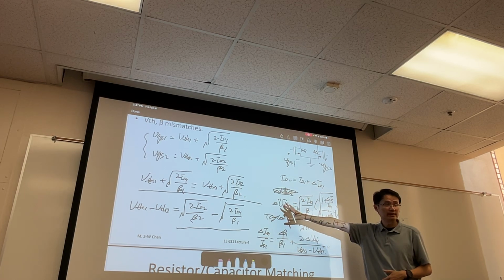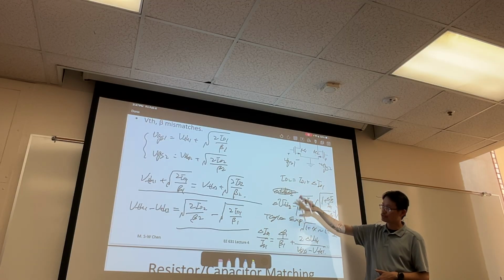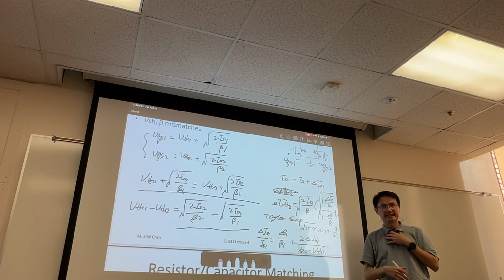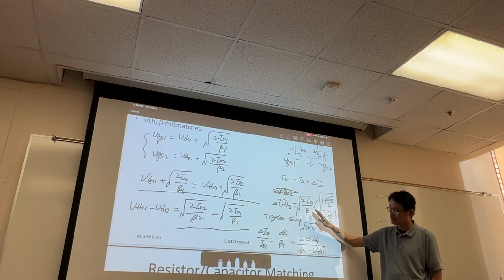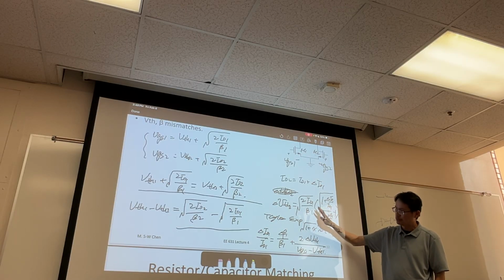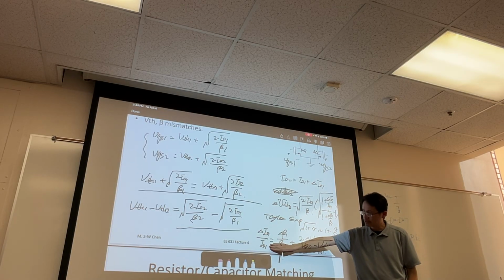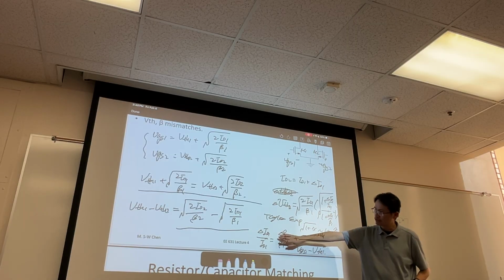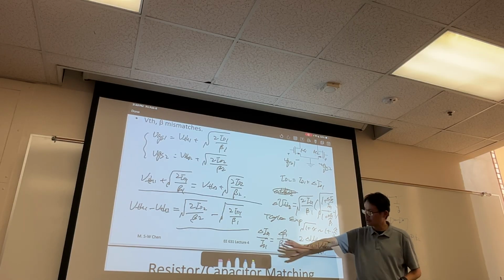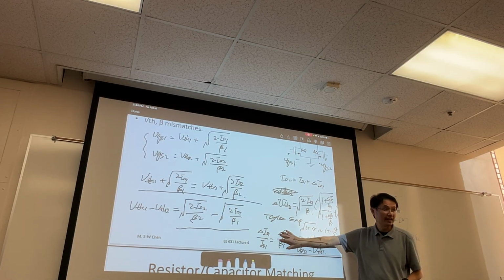After you do this circuit analysis, by the way, the reason I go this quickly is because this is just like 536A, so you can do this exercise yourself. But the bottom line is that the current error depends on your beta error. What is beta?